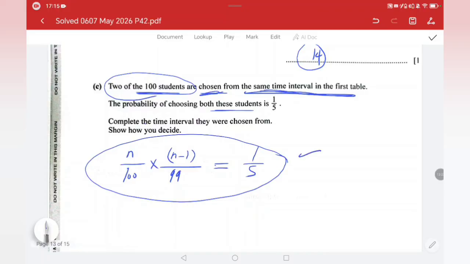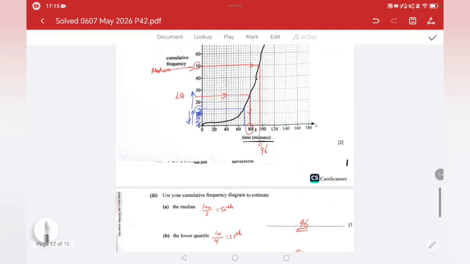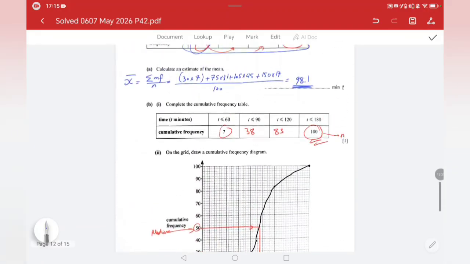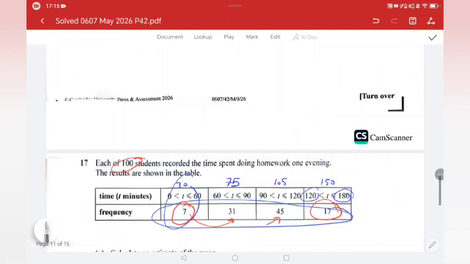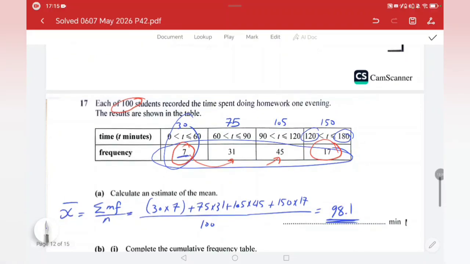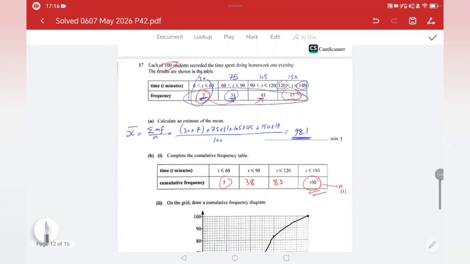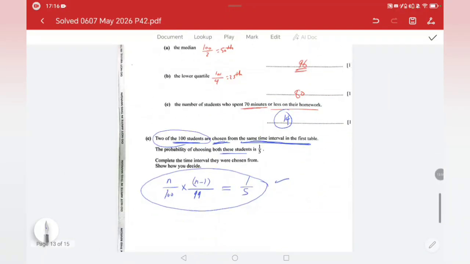Or you can try. How can we try? They said from the same interval. So what intervals do we have? The intervals we have are here. So you may try 7 times 6, and then 31 times 30, and 45 times 44, and 17 times 16. Okay, so let's try.